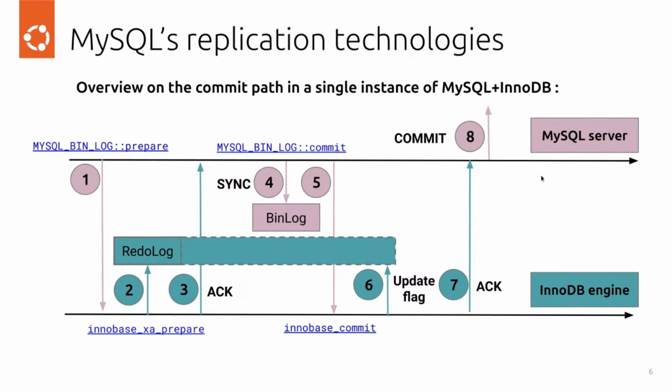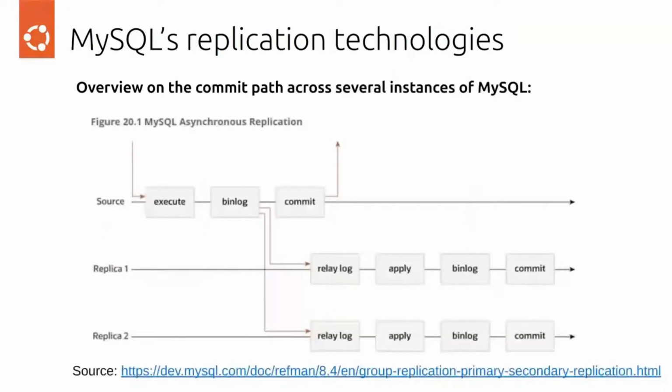If we look at the standard MySQL asynchronous replication, this is basically the oldest and probably the most mature replication technology within the MySQL ecosystem. It's pretty much the same thing.